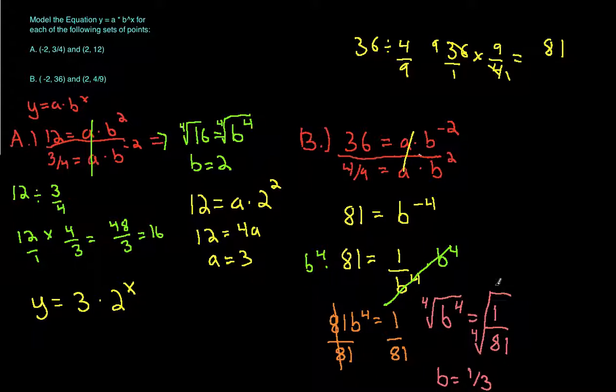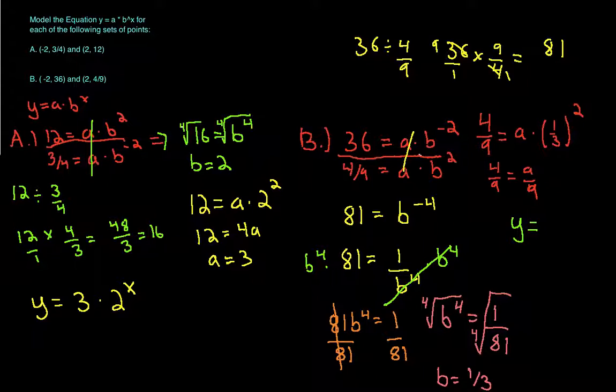So now we can write our final equation, and that would be y is equal to, oh wait, nope, I forgot. We have to find the a value very quickly, so let's do that. I'm going to plug into the second equation, and I'm going to have 4 over 9 is equal to a times 1/3 squared. 1/3 squared is 1/9, so a times 1/9 is a over 9.